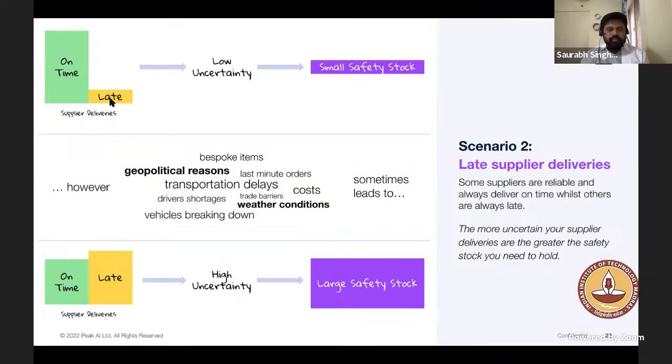Very rarely do the deliveries become late. So this is a low uncertainty scenario where you need to keep less safety stock. And if your supplier is more uncertain, rarely delivers on time, and most of the time it is late, that means it is a high uncertainty scenario from the supplier side. Therefore, you need to keep a very large safety stock.